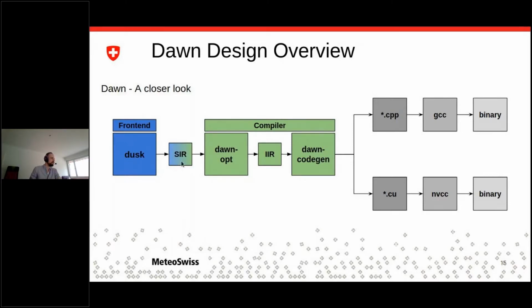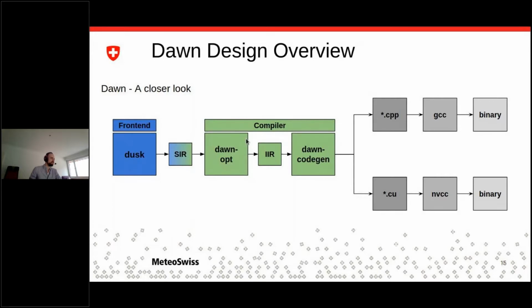Dusk produces something called SIR, which stands for Stencil Intermediate Representation, the input format that we can feed into Dawn. SIR is the interface, the specification for the input format.